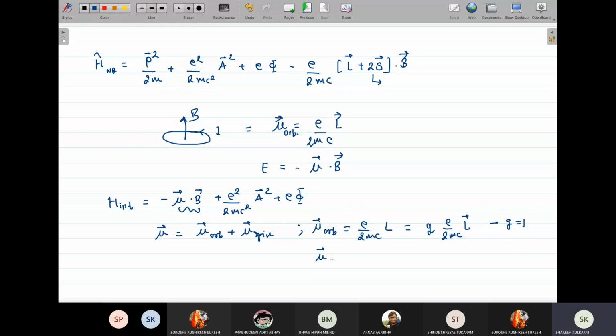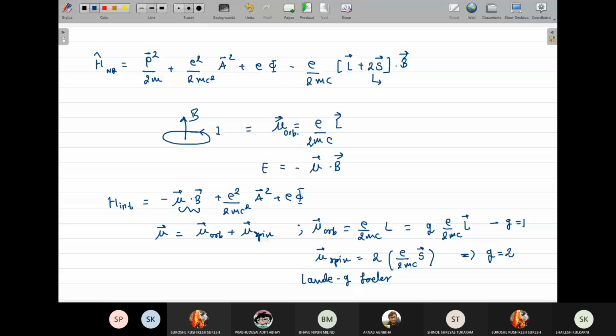But mu spin is twice e divided by 2mc S. So in this case your g is 2, and this is what is known as the Landé g-factor. So for spin angular momentum, the Landé factor is 2.